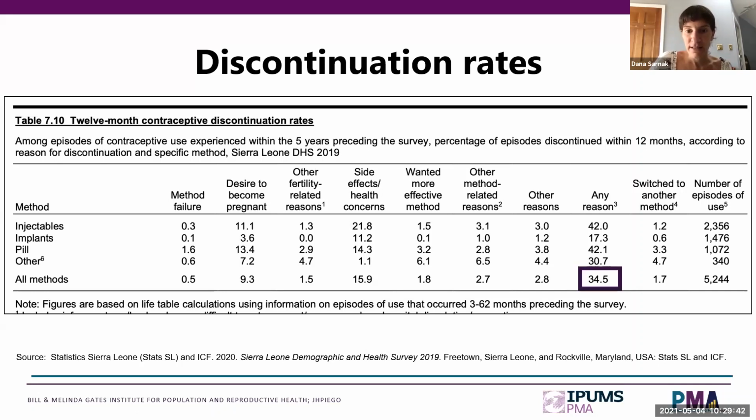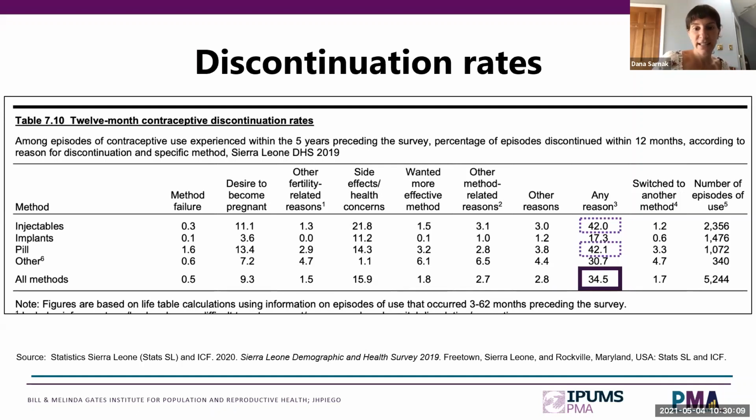Next. So you can see that the overall 12-month discontinuation rate for any method is 34.5, which is about normal. 1/3 of all episodes of contraceptive use will be discontinued in the first year. And you can see how that varies by method and reason. Next. Pills and injectables have the highest discontinuation rates in the first year, around 42%.